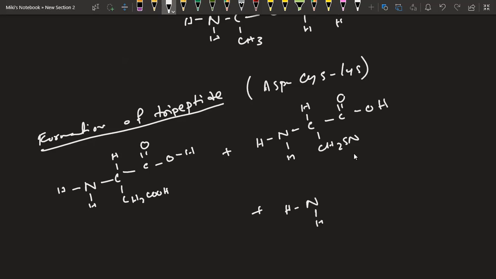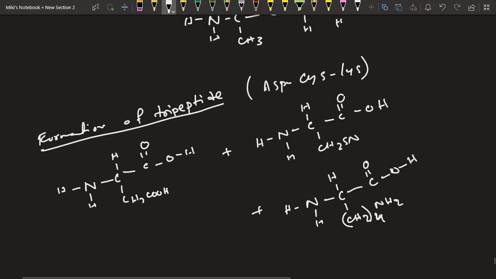So this is an amino acid, this is another amino acid. This is our third amino acid. I'm just writing it as a short version, CH2 4, because writing CH2 4 times right now takes too long, but I urge you to write the 4 CH2 in your exam, because you will write it just once in your exam.